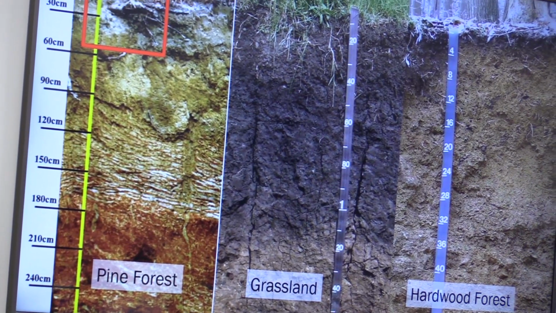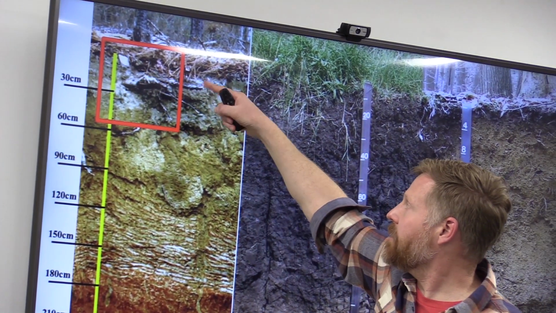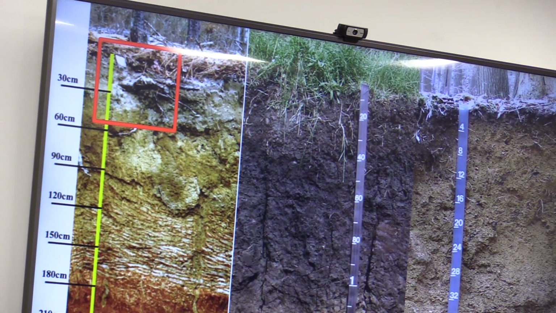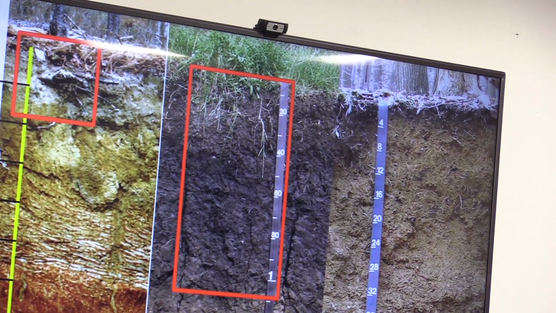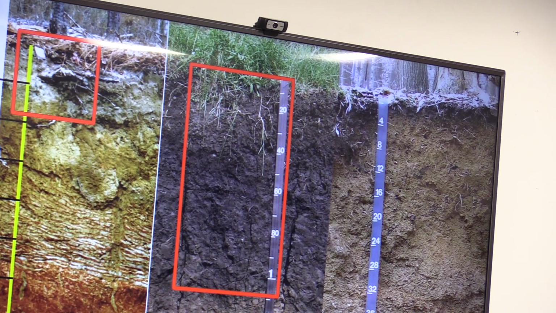So the O is at the top where we can still see pine needles and branches and things, but below that's our A horizon. Compare that to the grassland, which is over a meter, so 110 centimeters or so deep.